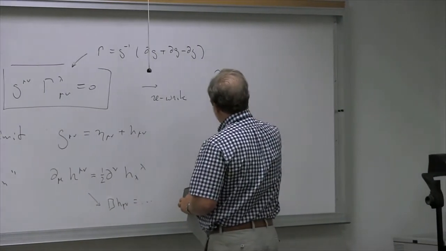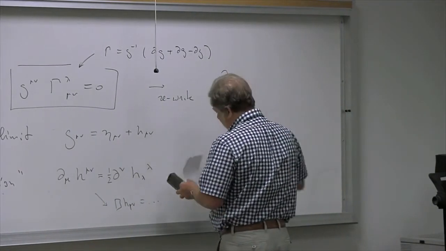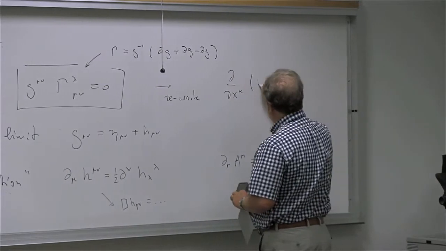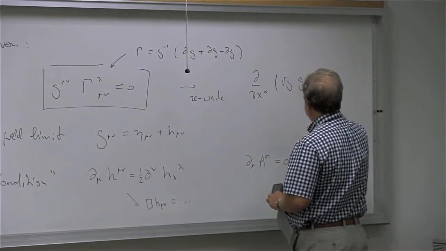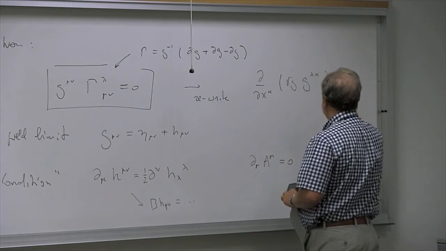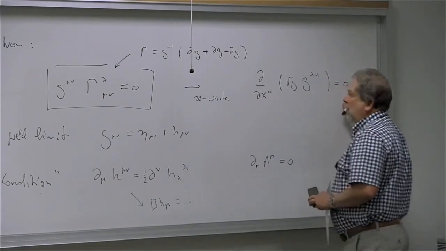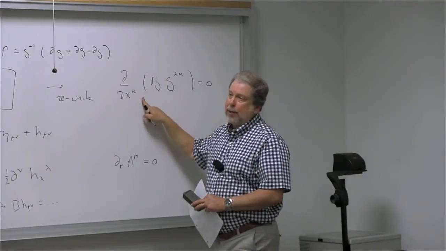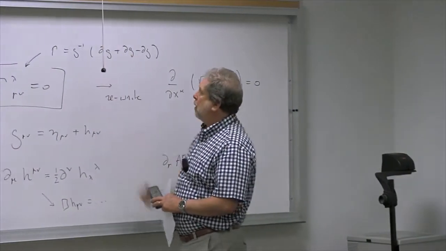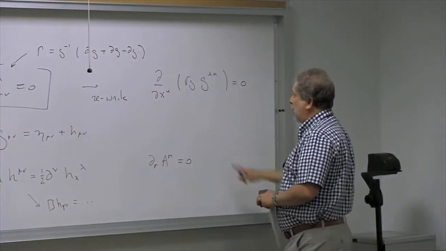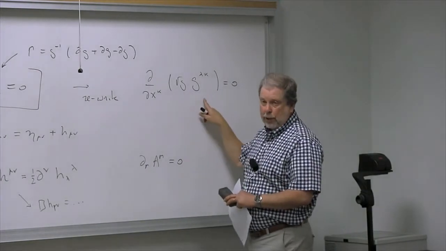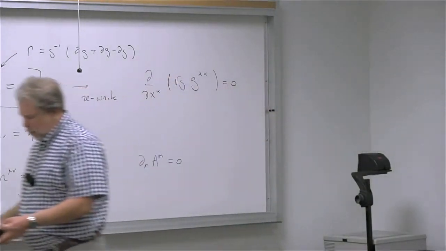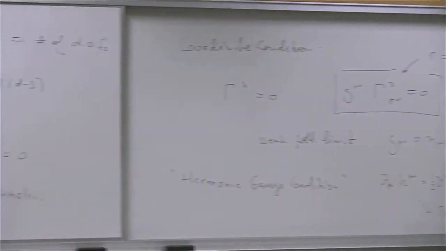So this can be rewritten as d by dx^k of square root of g times g^{lambda k} equal to 0. So there is, in fact, a simpler form, which is directly in terms of the metric, because this one is implicitly through the definition of the affine connection. So it is some sort of a 4-divergence that is equal to 0, and you can write it in this form.